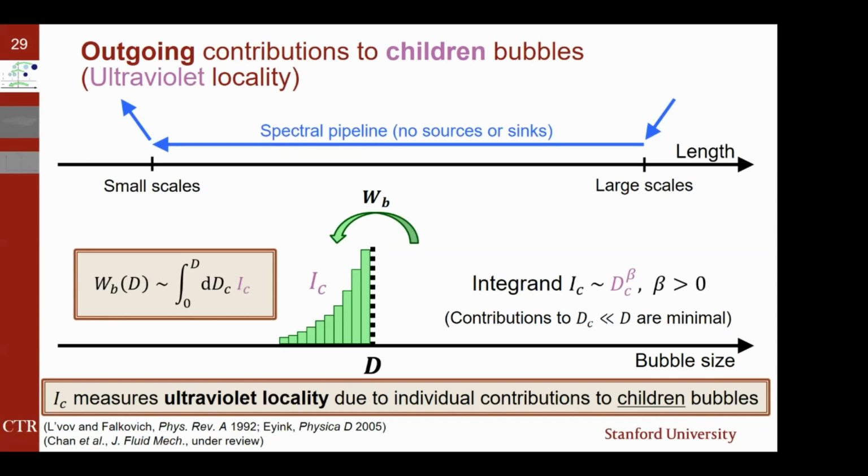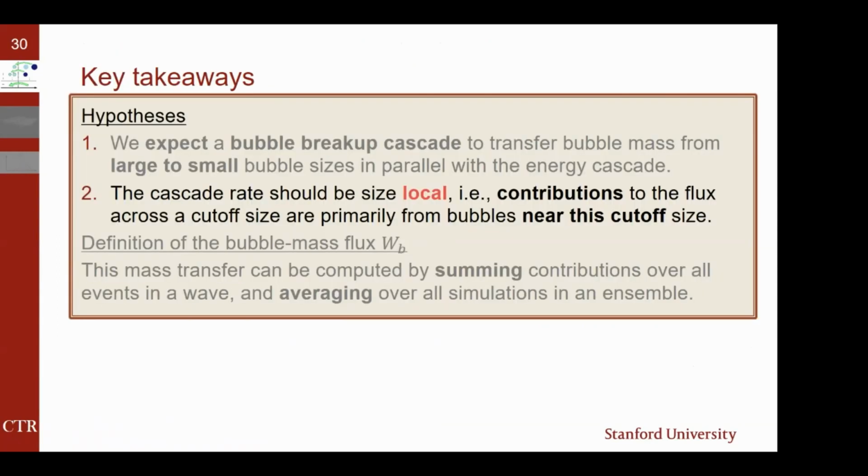So to emphasize again, strong locality: negative power law scaling in IP, positive power law scaling in IC. And I'm repeating this many times because we will come back to these two quantities specifically when we discuss the simulations. So next takeaway, we hypothesize that in a strict sense, the cascade rate has to be size local, meaning that contributions to the flux should not come from bubbles far away from the cutoff.